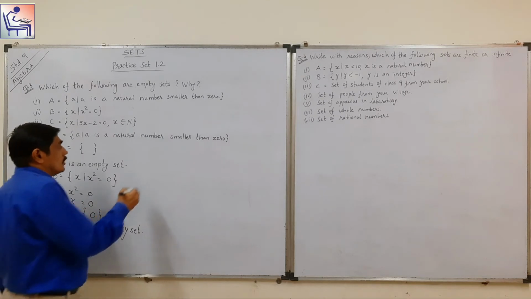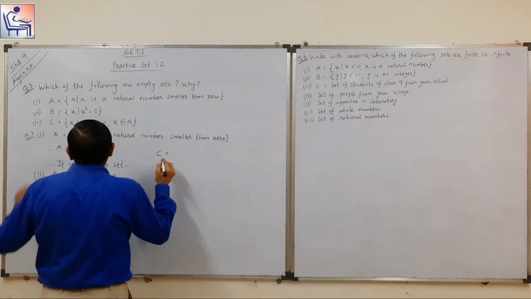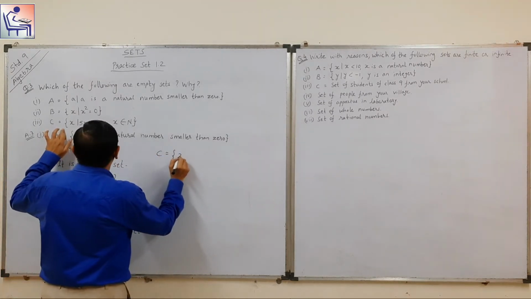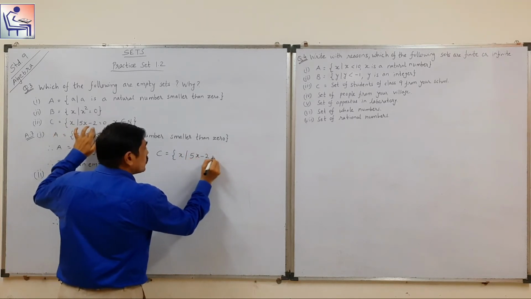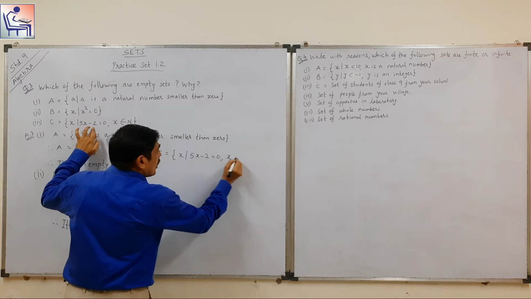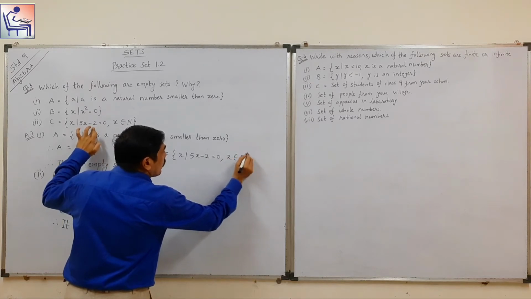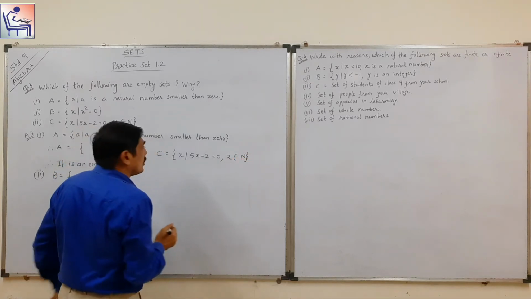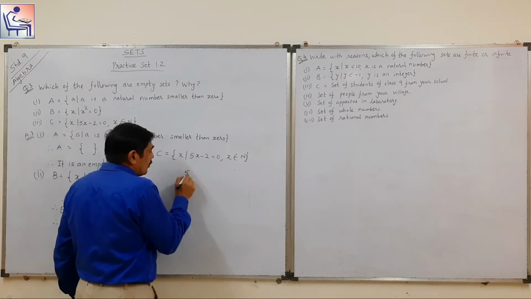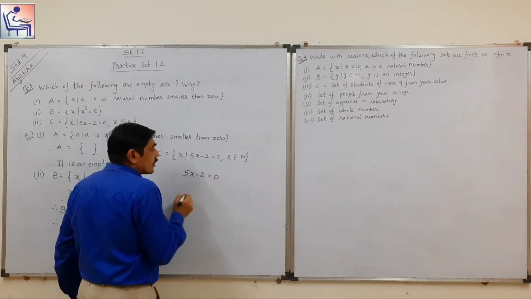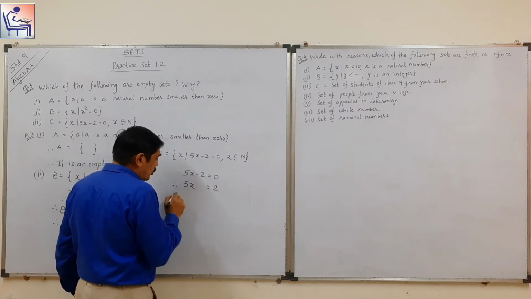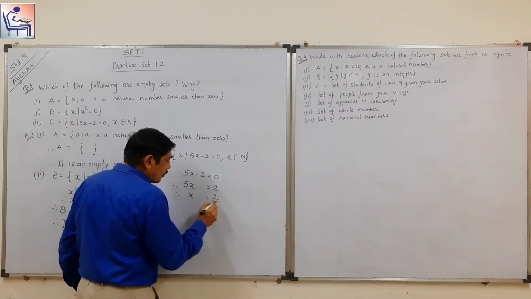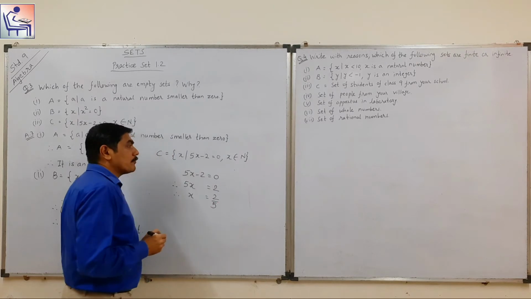Now the third one. C is the set of all x such that 5x minus 2 is equal to 0 and x is an element of natural numbers. 5x minus 2 is equal to 0, therefore 5x is equal to 2, so x is equal to 2 upon 5.